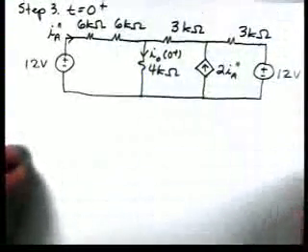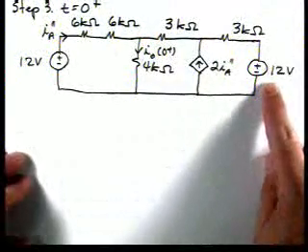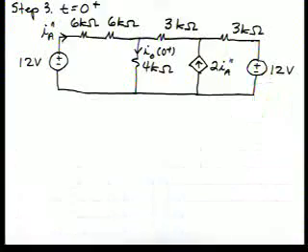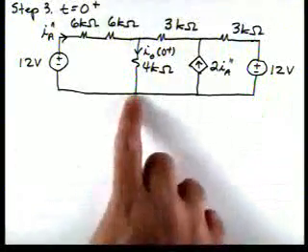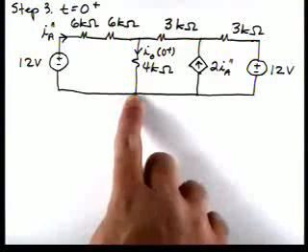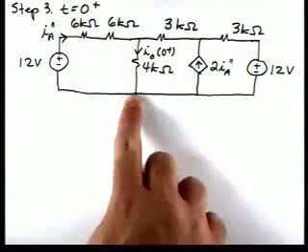Now our next step is to go to the circuit at t equals 0 plus. Notice that we've replaced our capacitor with a voltage source of 12 volts. And now we need to find the current flowing through our 4K resistor.